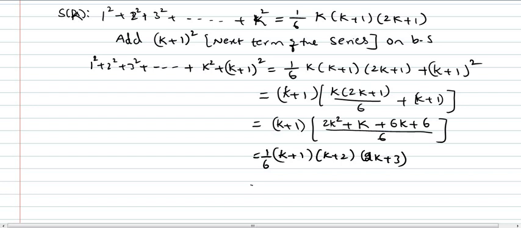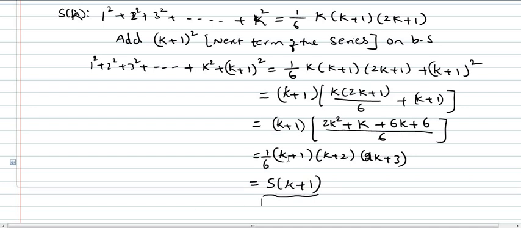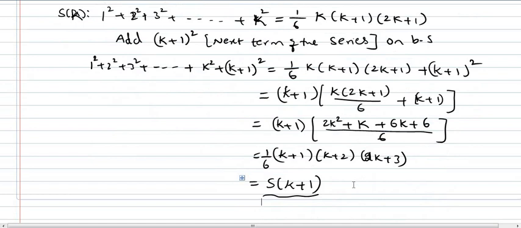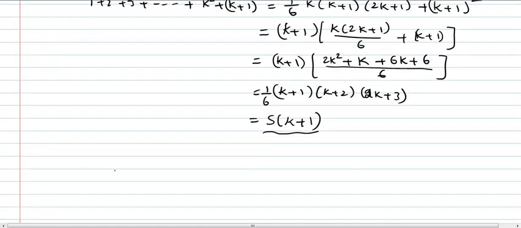Now this is equal to S of k plus 1. How do I write that this is equal to S of k plus 1? Now check here. What is our S of k? S of k is the RHS part, 1 by 6 into k plus 1 into 2k plus 1.